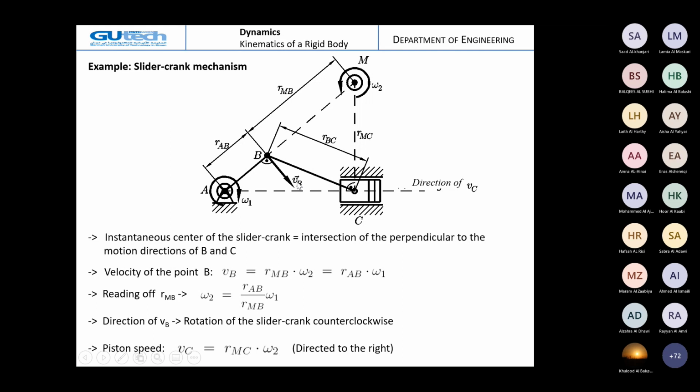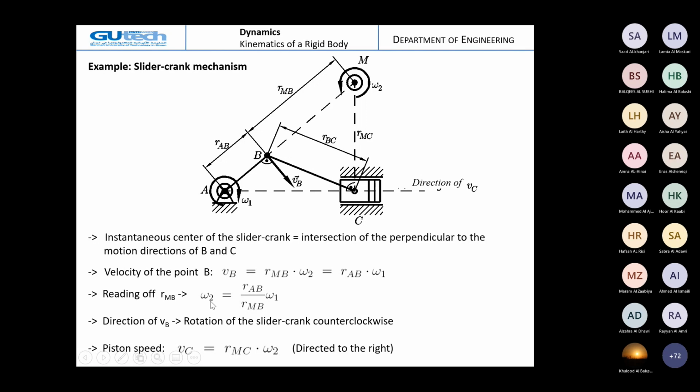From this VB, we have the second relation where we determine the position M. In this case, we can get the second relation RMB multiplied by omega 2. We know RMB, this distance here, then we can get omega 2 now.